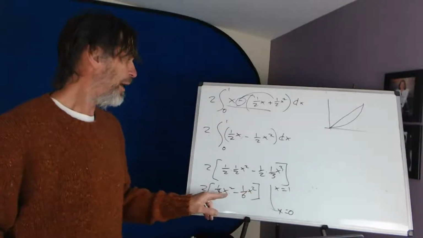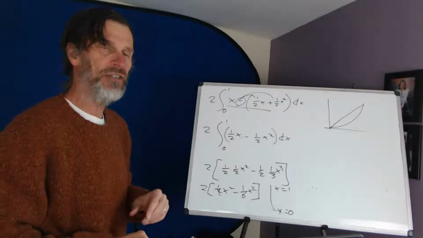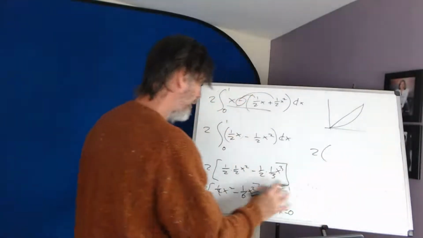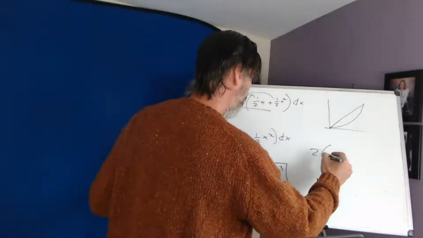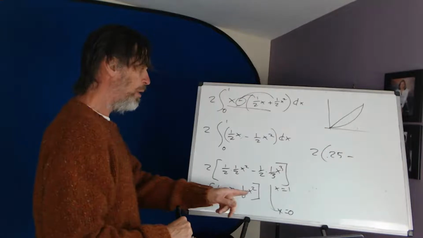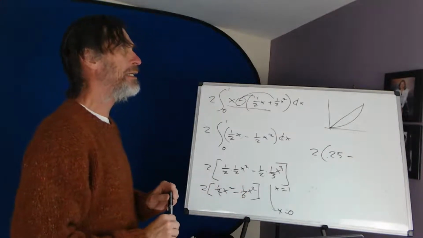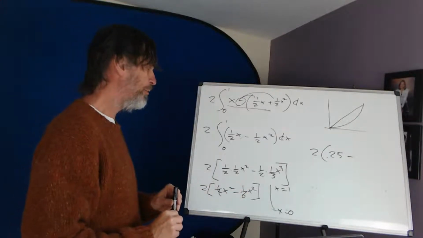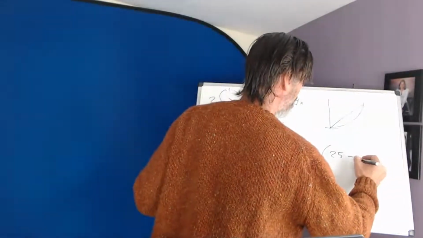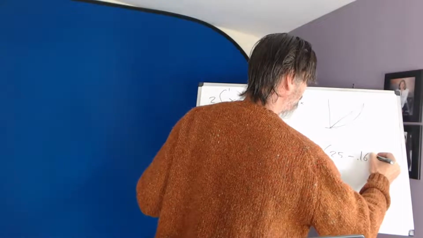And since these are polynomials, the 0 calculation is nothing. There's nothing there. So we have 2 times. Plugging in a 1, I get 0.25. Plugging in a 1 in this one, 1/6 is, let's see, 1/3 is 0.3333, so this would have to be half of that, minus 0.167, I guess.